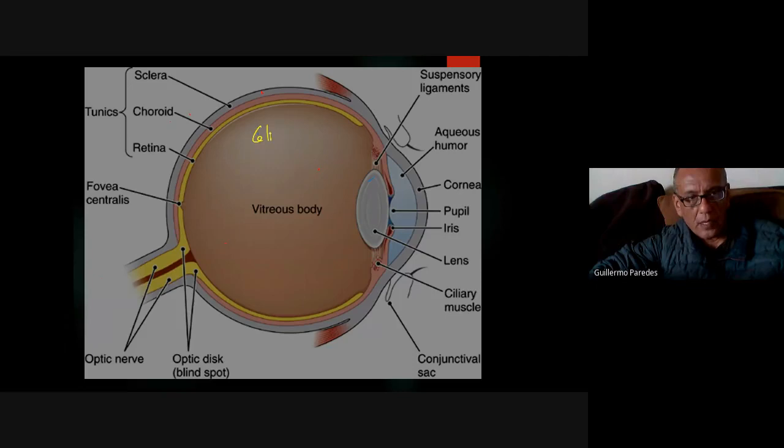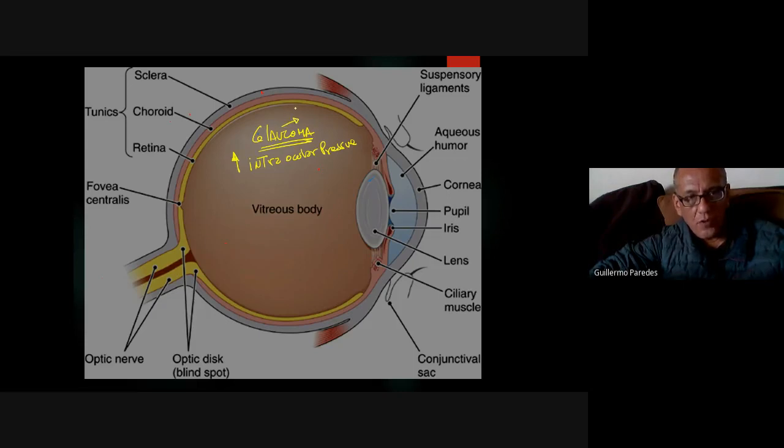One thing I want you to remember is about glaucoma. Glaucoma means that the intraocular pressure is increased. What is the problem here?